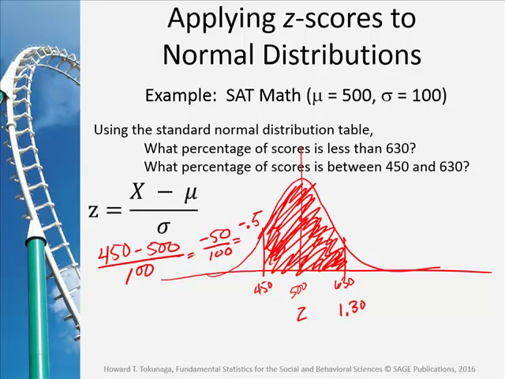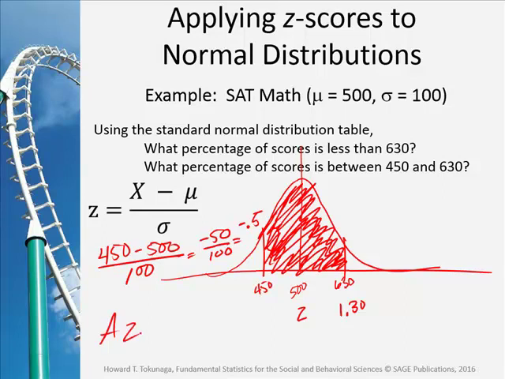I like this example because it shows you how the z-score is really, again, a measure of distance from the mean using standard deviation units. In fact, I want you to write that down in your notebooks.